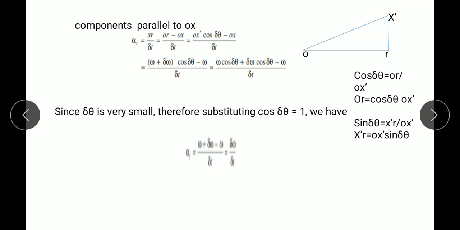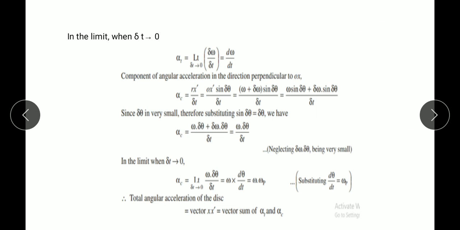So x dash r equals OX dash sin delta theta. Substitute this value here. We already know that OX dash equals omega plus delta omega. Multiplying omega plus delta omega with sin delta theta, we get omega sin delta theta plus delta omega sin delta theta, by delta t.